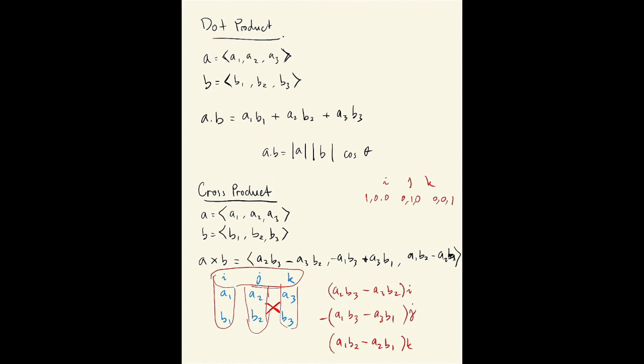Or maybe I will write here the cross product. Also, you can write the absolute value, the magnitude. It's the same as A, B, and sine theta.